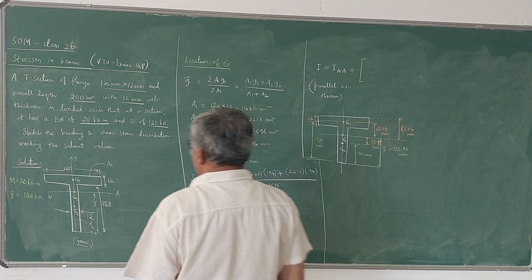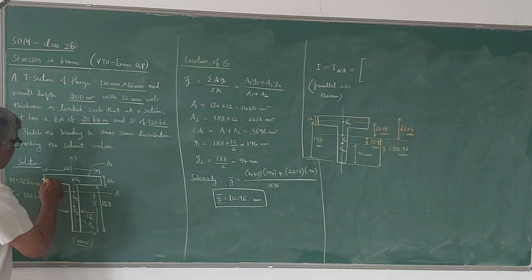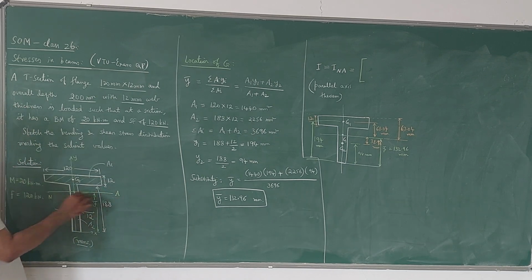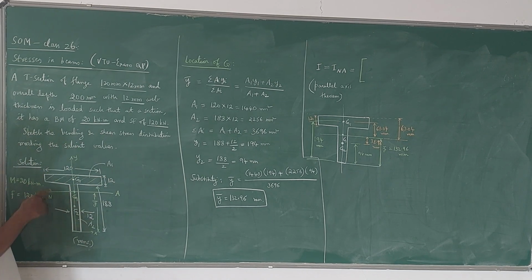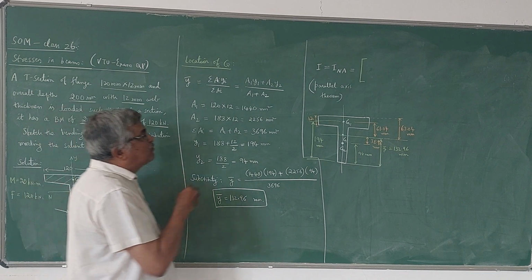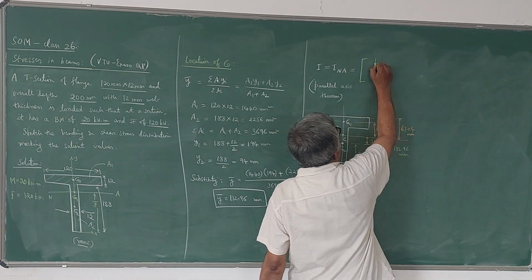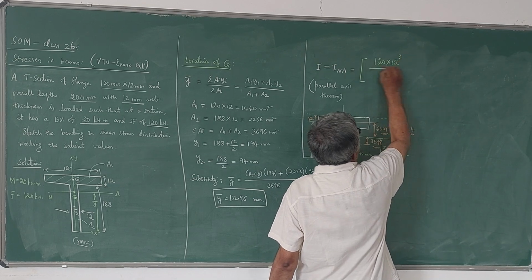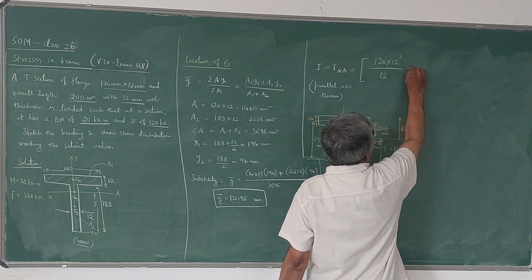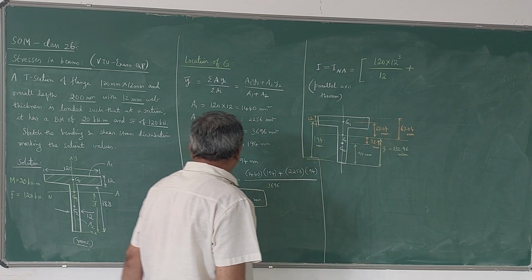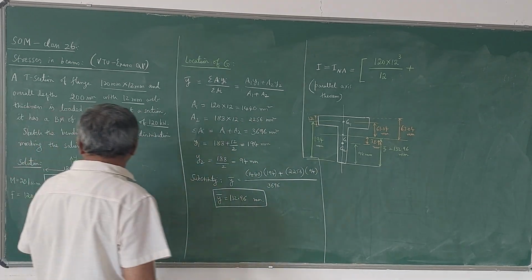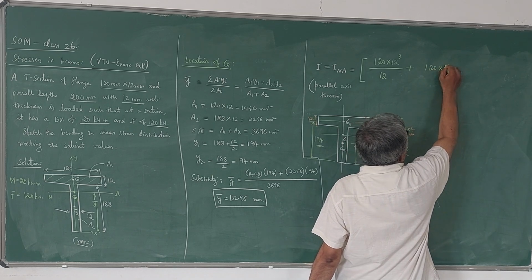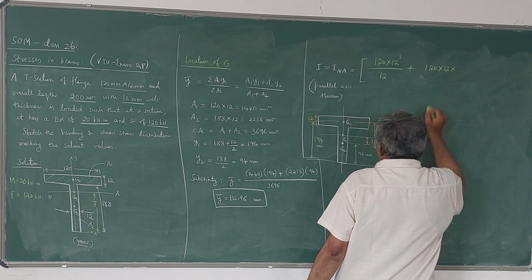Now I will write the moment of inertia of this top rectangle with respect to the neutral axis. Using the parallel axis theorem, that is BD cube by 12 for the first rectangle, B is 120, D is 12, BD cube by 12, plus area A1, which is 120 into 12, into distance square.